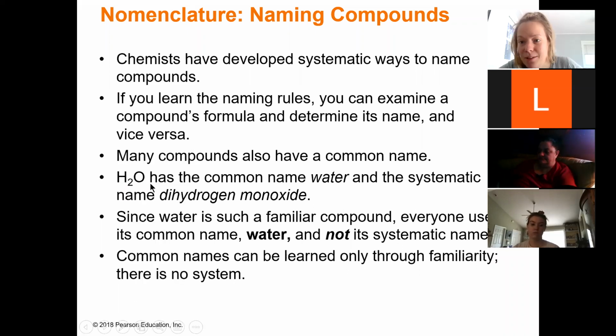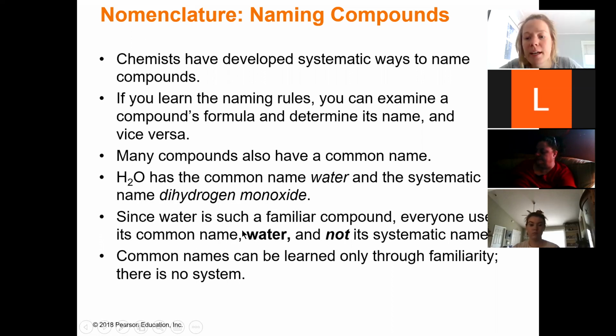That's a common name that you do need to know. But if we were to follow the systematic naming structure, we would call this dihydrogen monoxide. Di meaning two, so two hydrogens, mono meaning one, monoxide, okay? And I will teach you those rules a little bit later. Since water is such a familiar compound, we know the everyday name for that.